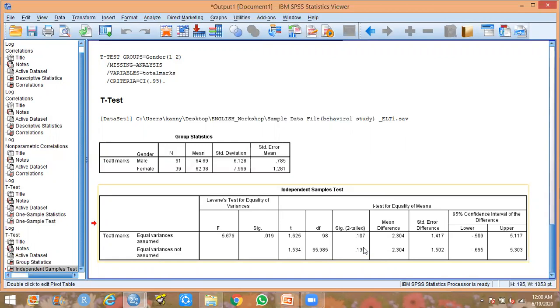So in this way, P is not less than 0.05. There is no significant difference between the marks of boys and girls.